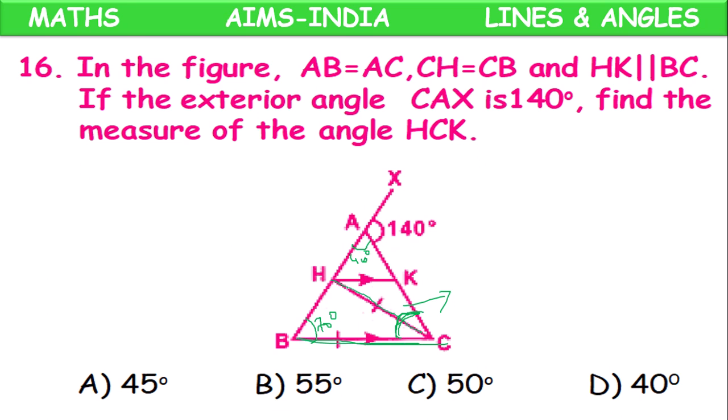BC equal to HC means this side's opposite angle is equal. So this angle also will become equal to 70. This part also will become equal to 70. So we are getting this part 70, this part 70.